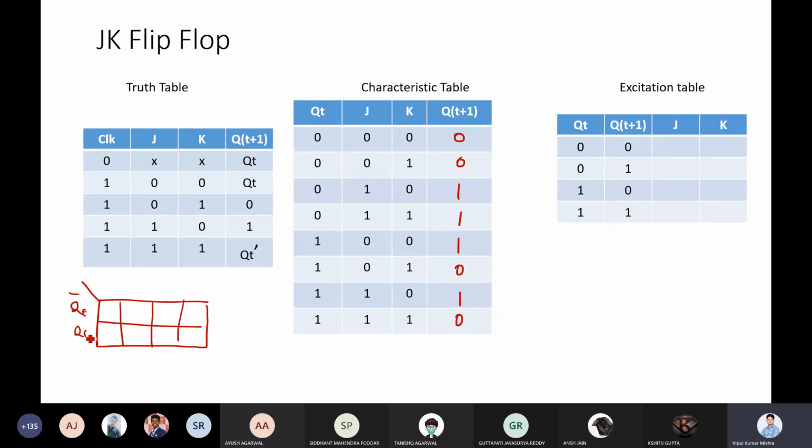Qt bar, Qt, J bar K bar, J bar K, JK, JK bar. 00111010. So what equation did you get? Qt bar J plus Qt. Qt plus 1 equals Qt bar J plus Qt.